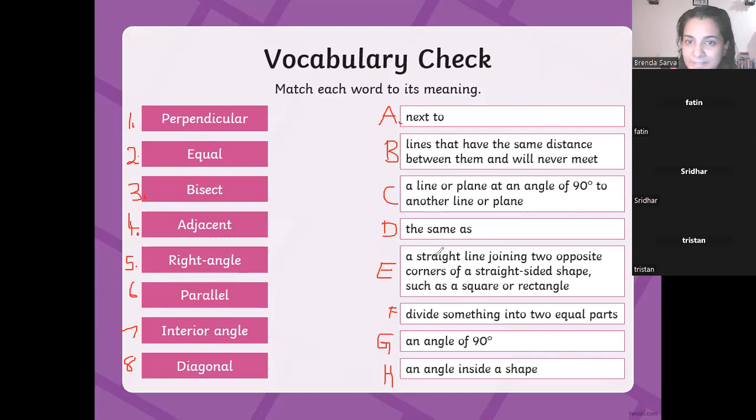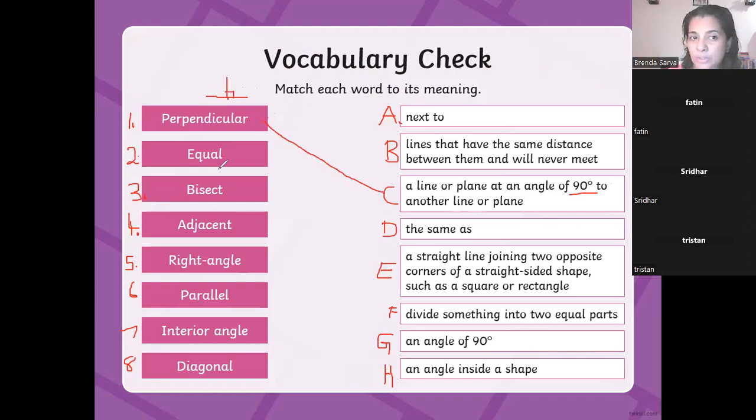Which is your choice? C. Yes, 1C. Very good. So perpendicular is a line at an angle of 90 degrees to another line. When I draw perpendicular, it looks like this. Do you remember? It forms a right angle. So 1 is C.